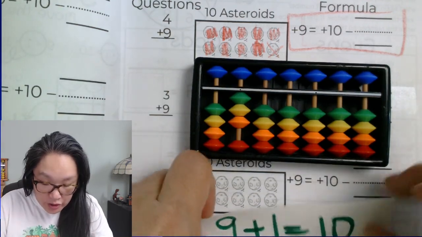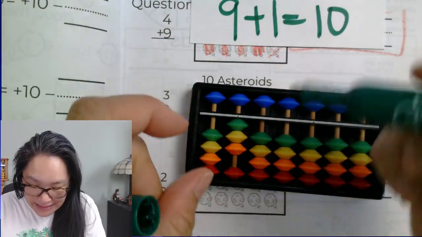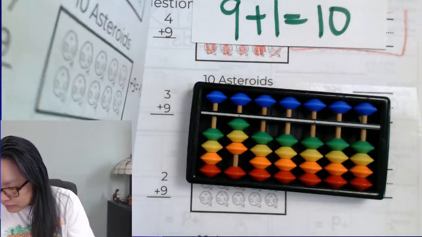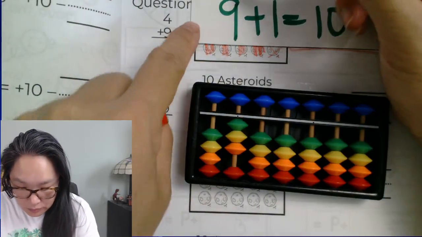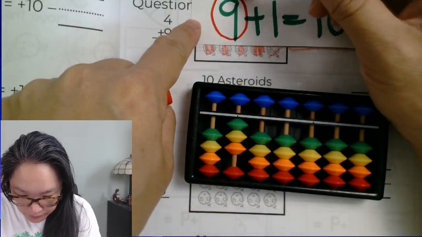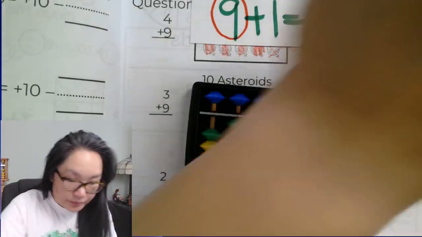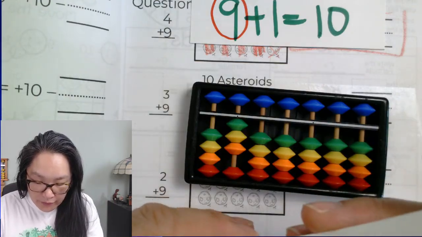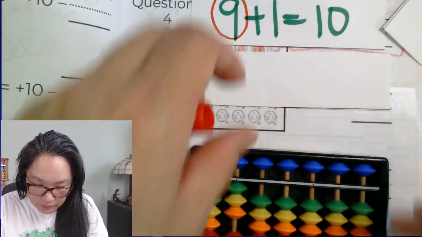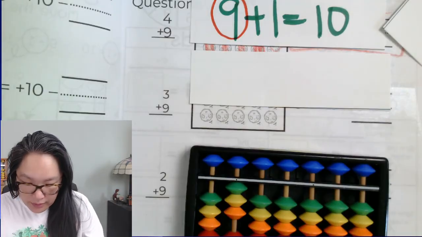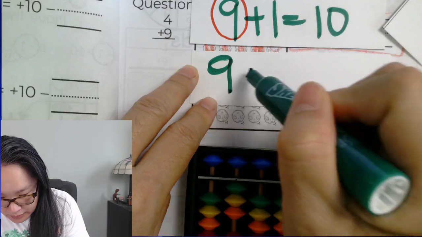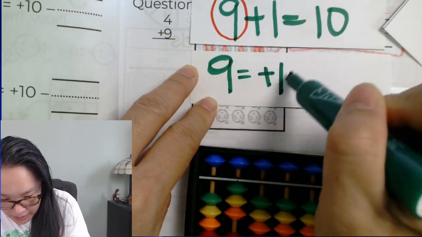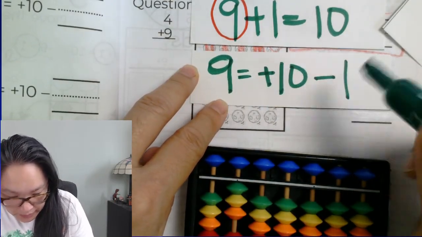But then when we changed it, we isolated the variable. We isolated this variable. And then what did we do? We modified it. We made it 9 is equal to plus 10 minus 1.